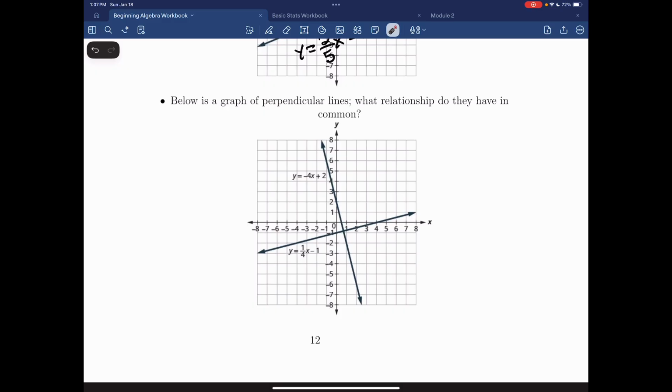Well, the first thing I notice is that one of our slopes is negative and the other slope is positive. So that's one thing I notice. And I also notice that 1/4 and 4, they are reciprocals of each other.